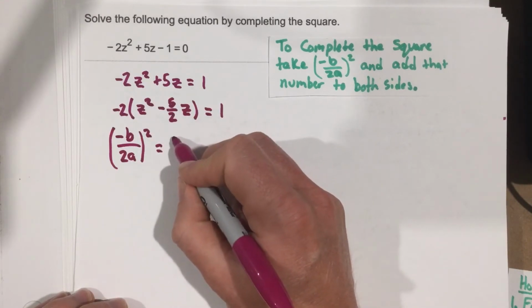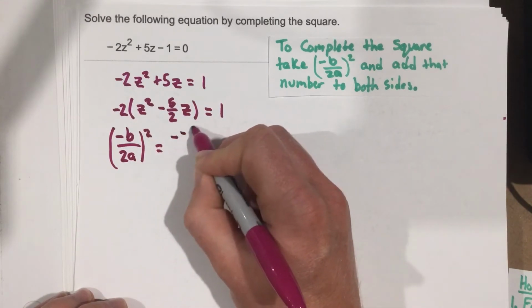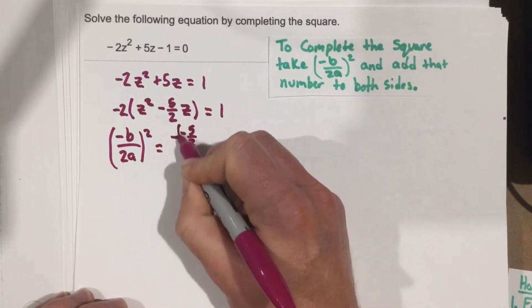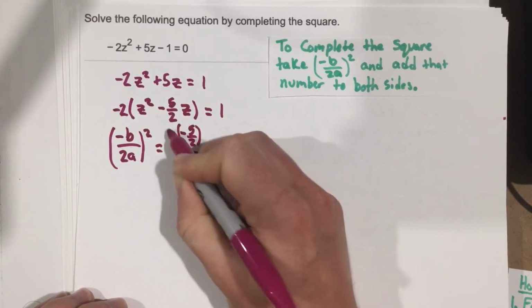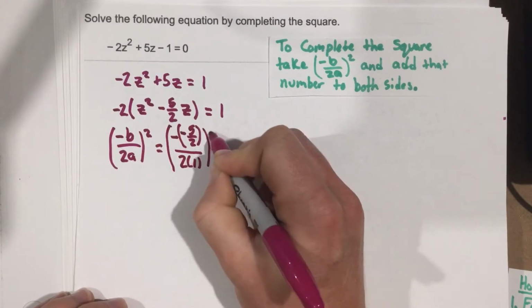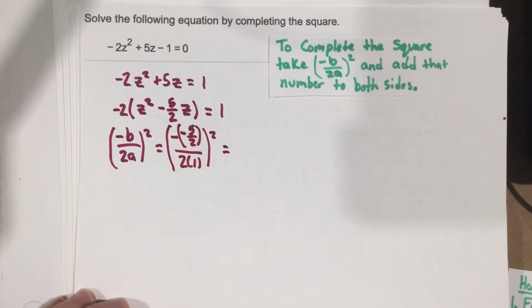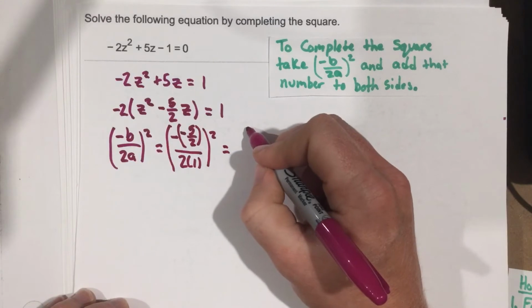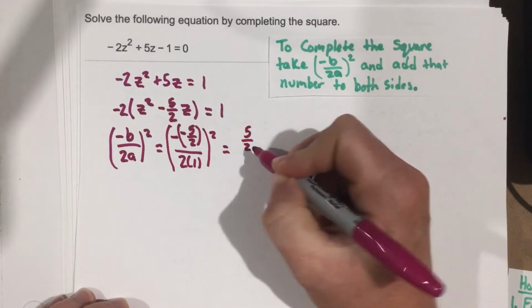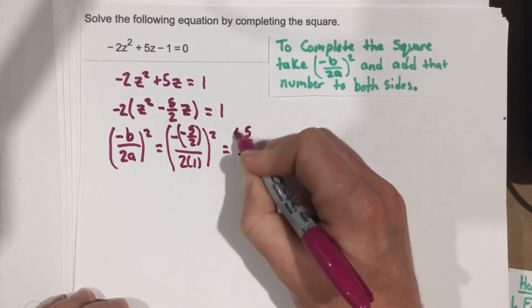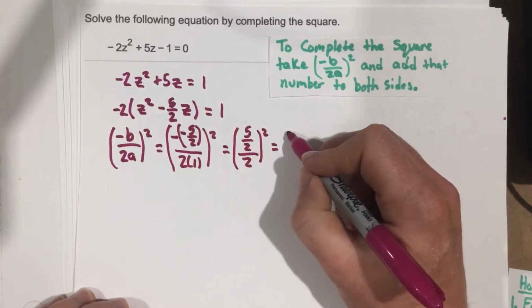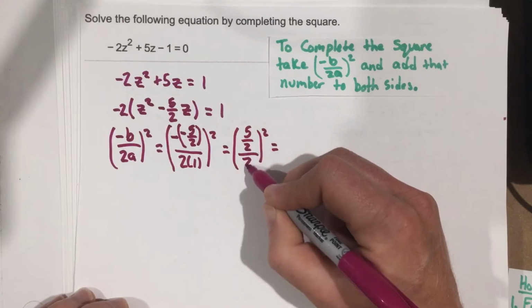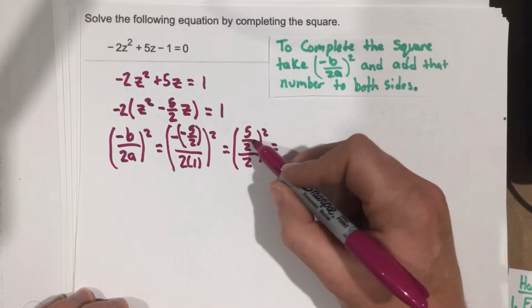So we end up with -5/2 over 2 times 1, and we're going to square this. This will end up with 5/2 over 2 squared, which will give you 5 over 4, right? 5 divided by 2 divided by 2 is 5 over 4.